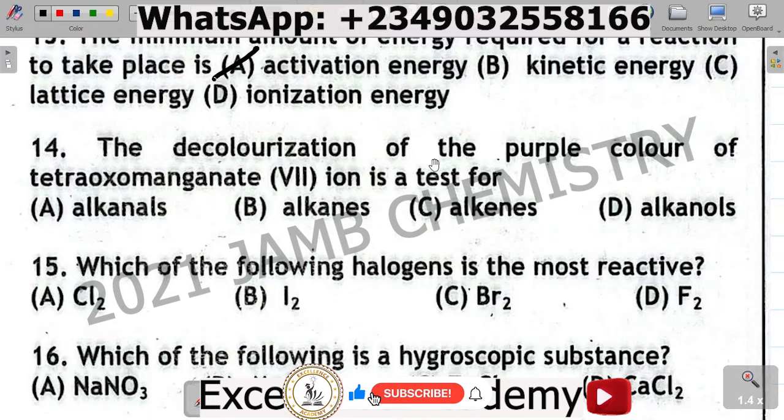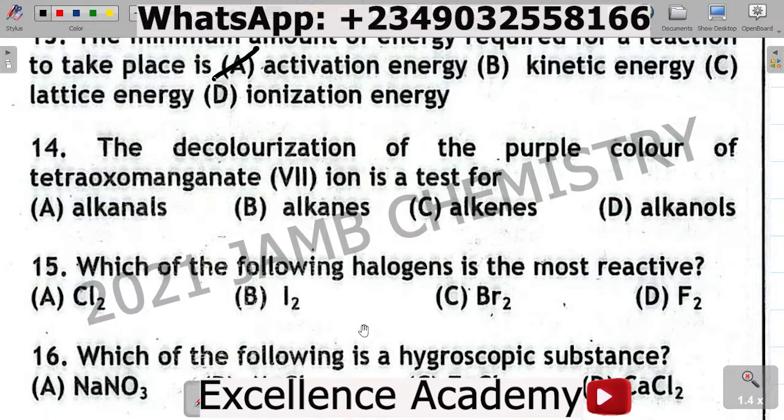All right, question 14. The decolorization of the purple color of tetraoxomanganate 6 ion is a test for A, alkanals, B, alkanes, C, alkenes, D, alkanols. The correct answer here is C, alkenes.